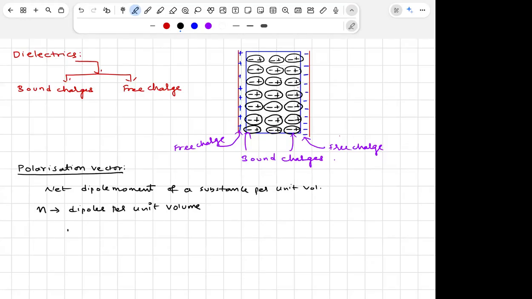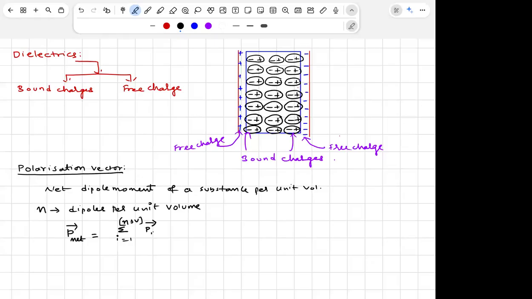So the net dipole moment in a volume delta V is defined as the sum over i equals 1 to n delta V, not n. Why? n refers to per unit volume, n delta V refers to the number.